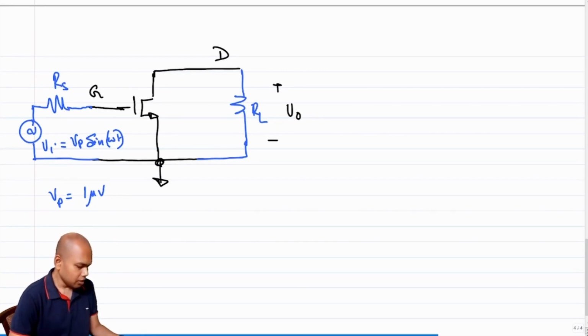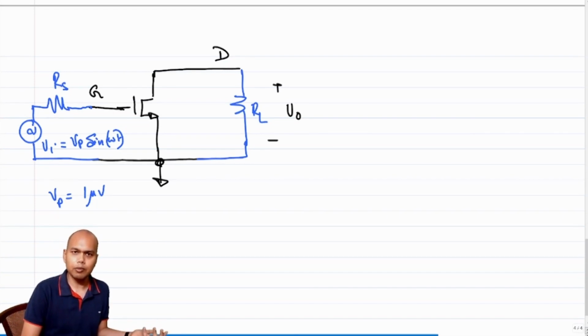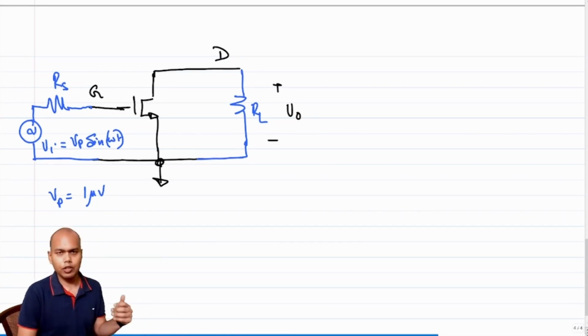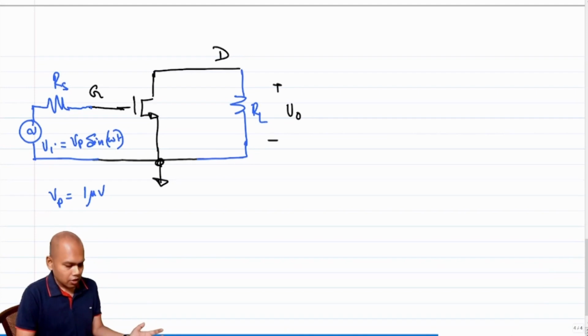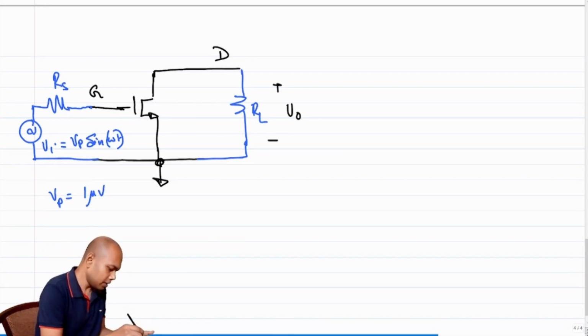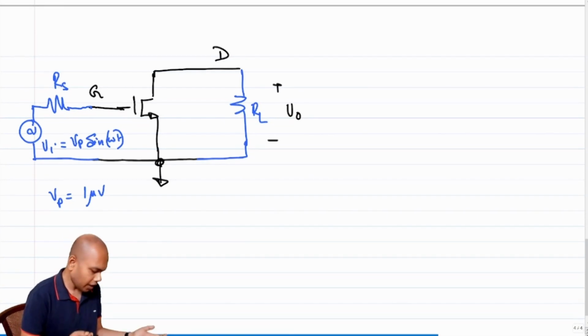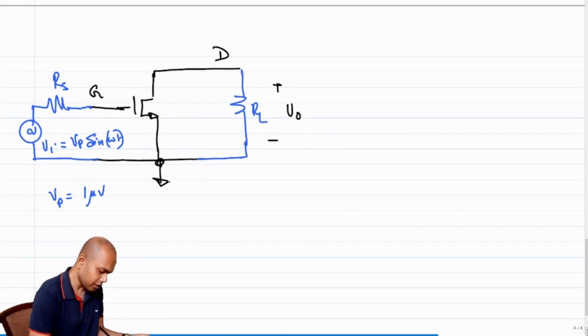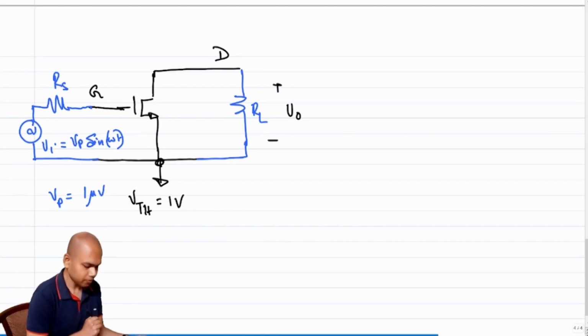So what do you think is the status of the MOSFET? By status of the MOSFET, I mean, is the MOSFET on or is the MOSFET off? You might turn around and say, I haven't given you adequate information. So I can give you the information that you need. Let's assume the threshold voltage of the MOSFET is 1 volt.